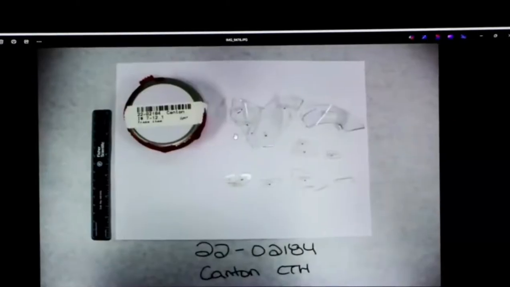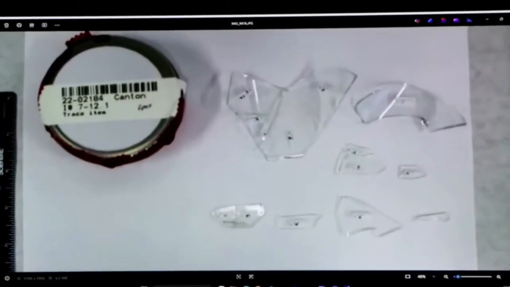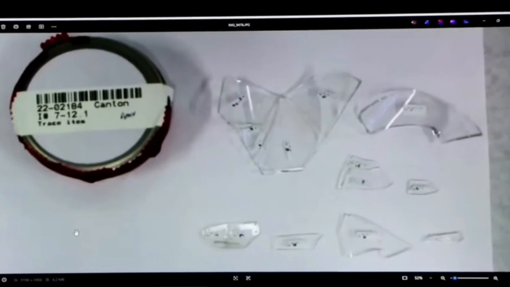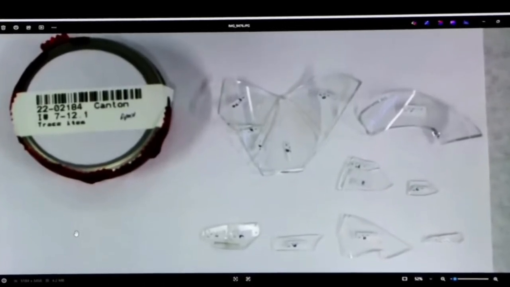Yes. And Ms. Hanley, what are we looking at in this photograph? So this is the photo that I took of item 7-12 as I received it. So there are several pieces of clear glass with broken irregular edges.